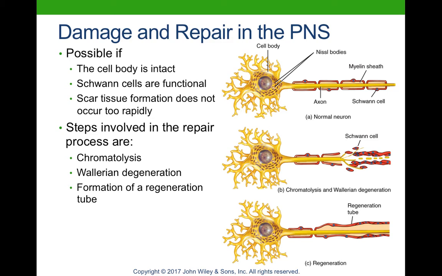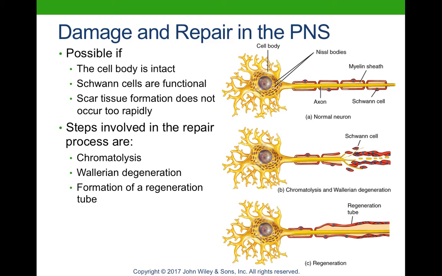Now, in the peripheral nervous system, damage to dendrites and the myelinated axons may be repaired if the cell body remains intact, if the Schwann cells are active and functional, and if scar tissue formation does not occur too rapidly. If those things are the case, then we have 3 steps involved in the repair process: chromatolysis, Wallerian degeneration, and formation of a regeneration tube.